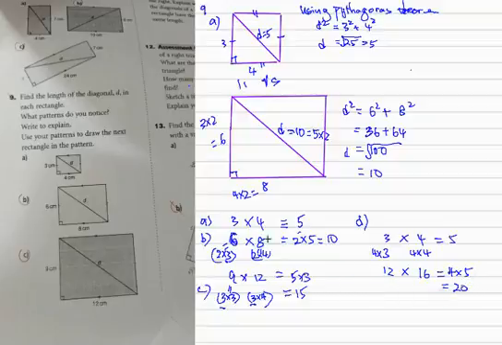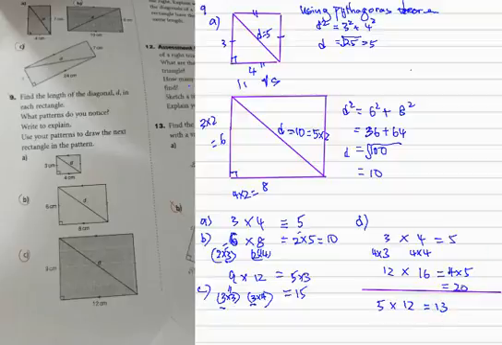So there's a family of 3, 4, 5. Another family that you should be aware of is the next one normally, which is 5 and 12 give you 13.